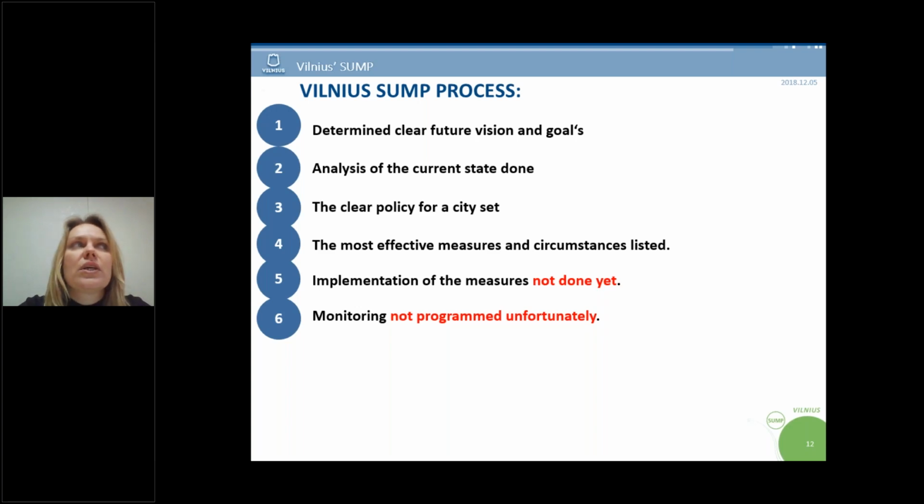We didn't put too much effort into pointing out every bus stop which needs to be moved closer to the residents or changed somehow or needs more frequency of buses.